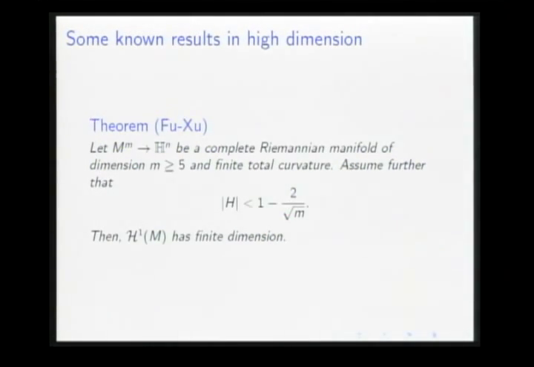And using different techniques, Fu and Xu obtain the same result, but just for the first space, H1, the finiteness of this space. But Fu and Xu, using the same technique, also obtain a result in the hyperbolic space for complete submanifolds with dimension greater or equal to 5, finite total curvature, and also another hypothesis on the length of the mean curvature. And the same conclusion, that this space has finite dimension.